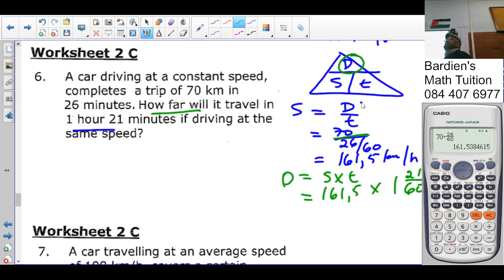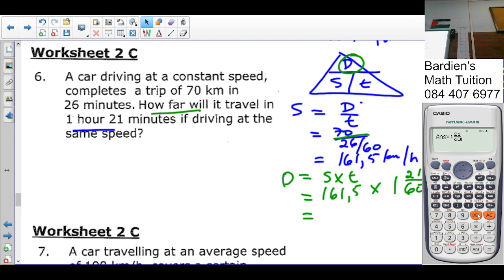Again, 21 minutes, I must convert that to hours. Do you guys understand? Yes. So you press answer. Why answer? It's the last answer calculated on the calculator. Multiplied by shift fraction. Why shift first? To activate the mixed fraction. 1 and 21 over 60.